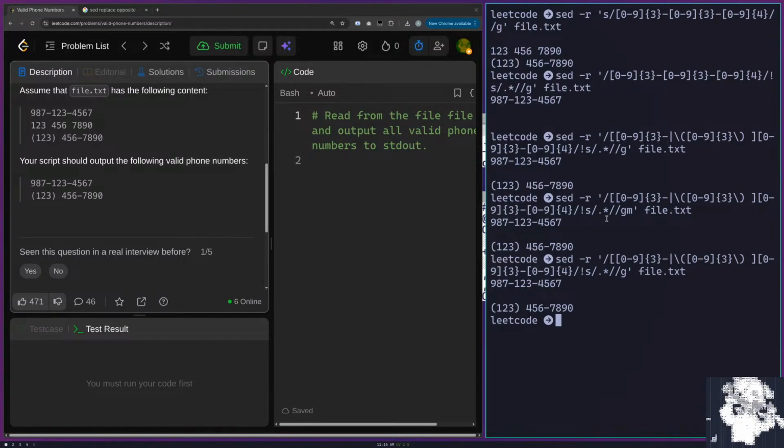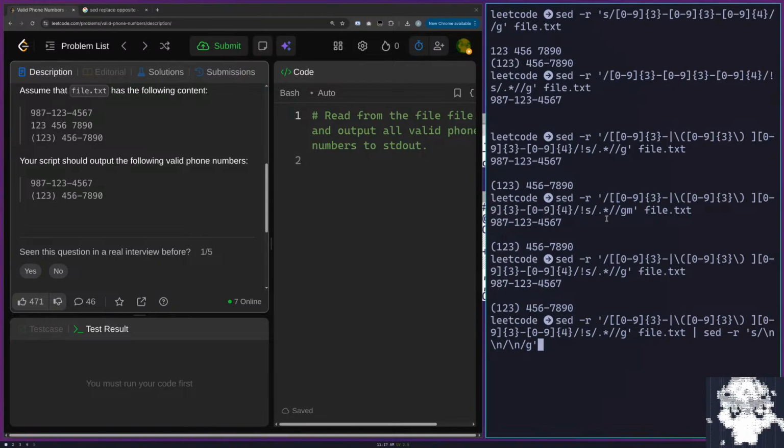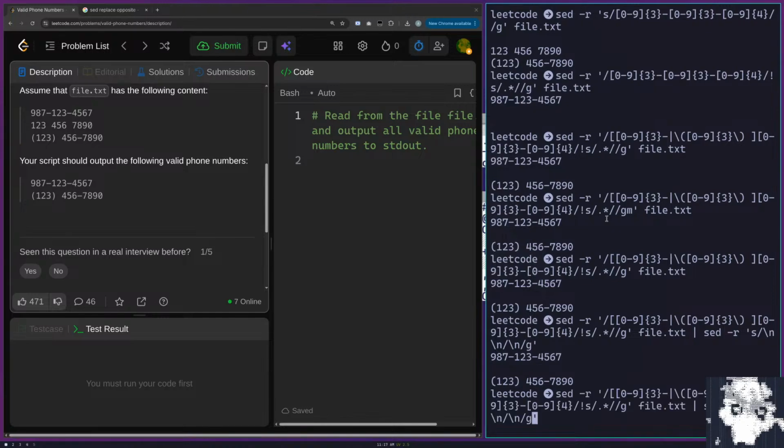How do I remove? Pipe this into a new sed -r, substitute global. We're gonna replace new line with new line. Nope.